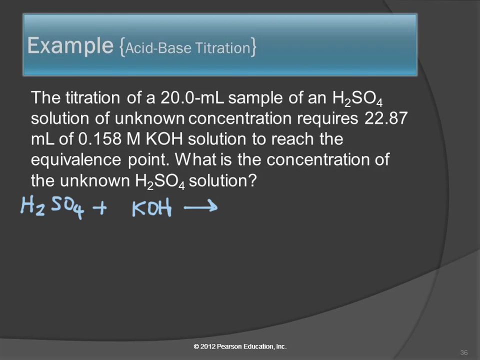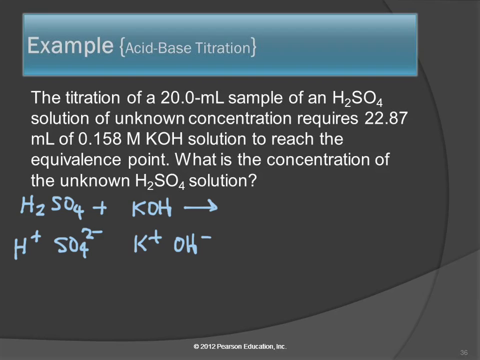We've got an acid and a base, and what are they going to form? Water and salt. So I'm going to do some scribblings down here and then I'll erase them. But the sulfuric acid, the ions present there are H plus and SO4 2 minus. And in KOH we have K plus and OH minus.